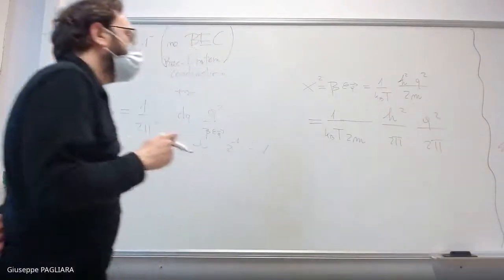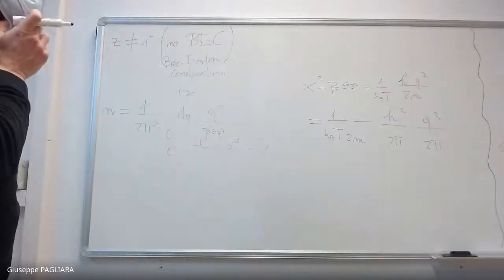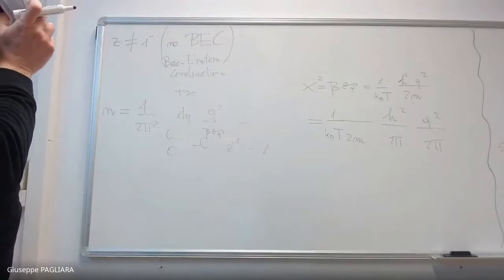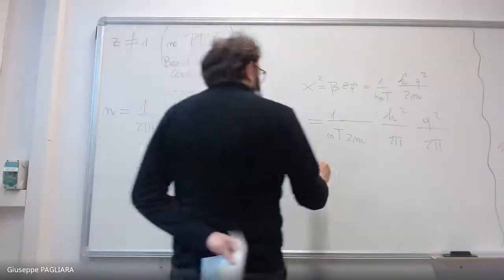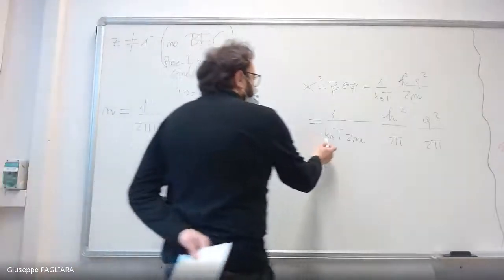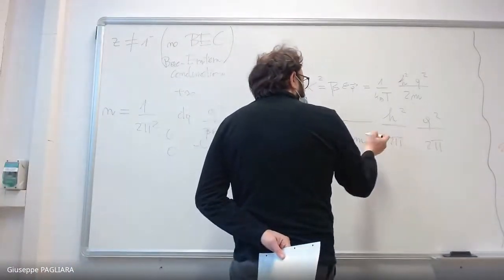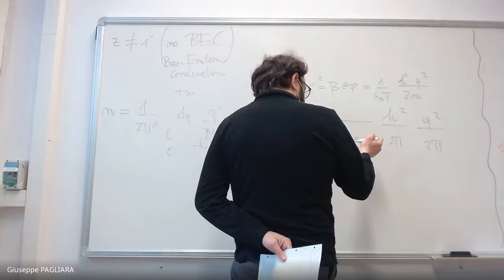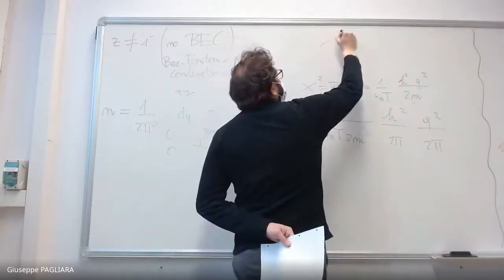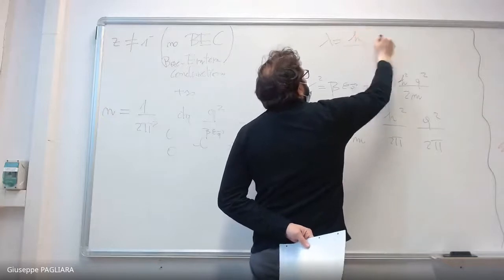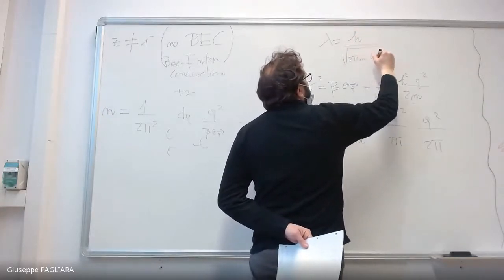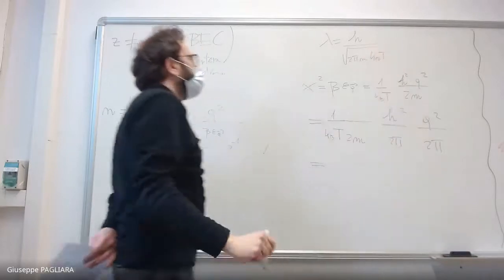Okay, so now this should be equal to kBT 2 pi m over h squared, which is the lambda. So lambda is h divided by square root of 2 pi m kBT.